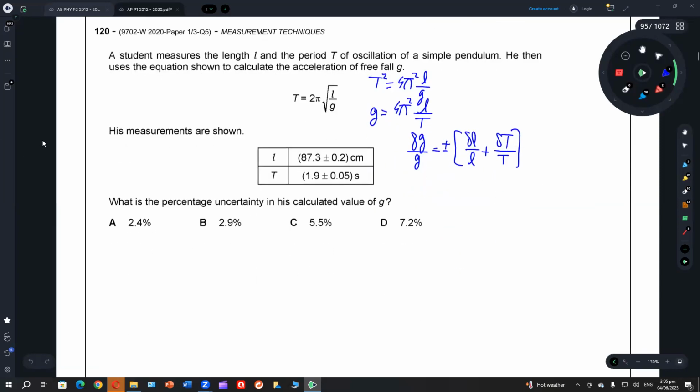I have rearranged the formula, and when you are taking the percentage, why did the g become 8? No, it never becomes 8, it's written 8g. Oh, okay. Actually, it's a typing issue.